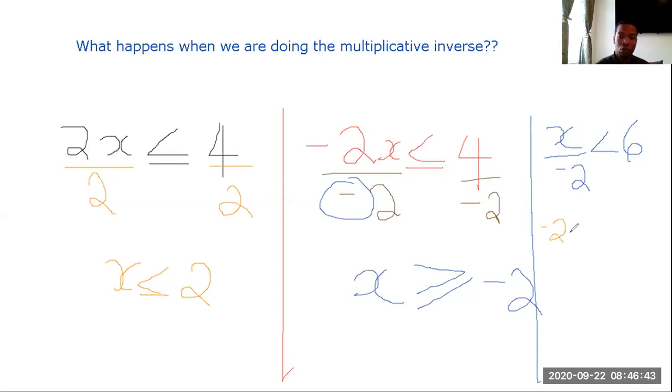So it's going to be negative 2 times x over negative 2 is less than 6. And whatever I do on one side, sure enough, got to do on the other side, times negative 2. So this, we know the multiplicative inverse is always equal to 1. So this becomes 1x, or we just say x. However, we're multiplying by a negative number, so the sign is going to change to a greater than. So x is greater than 6 times negative 2 is negative 12.